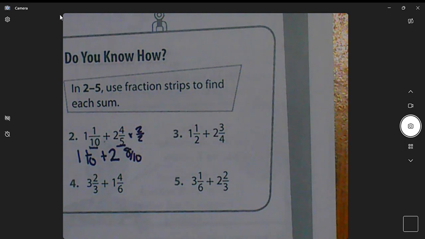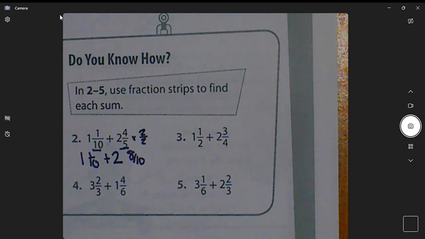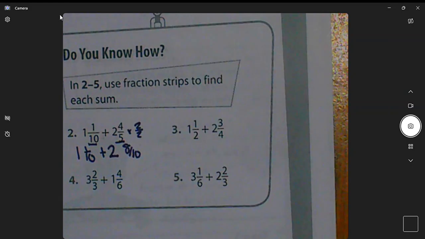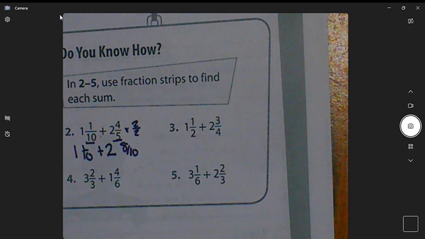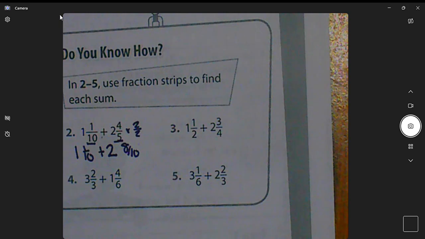Now, my next step, I have to add the fractions first. 1/10 plus 8/10 equals, right, 9/10.